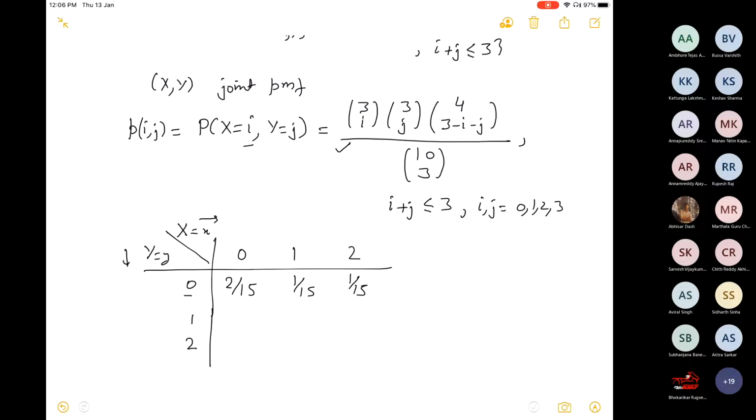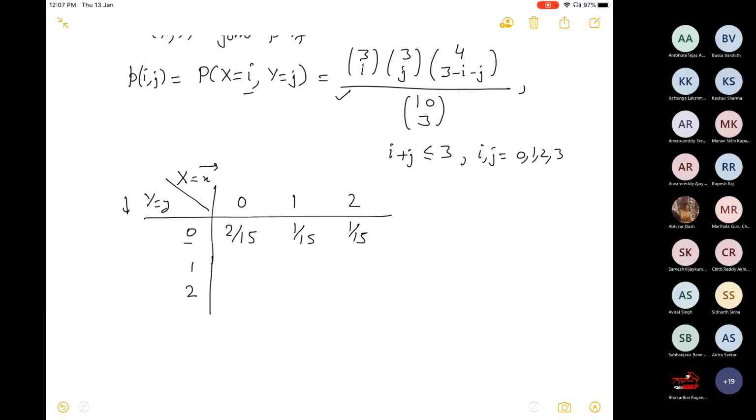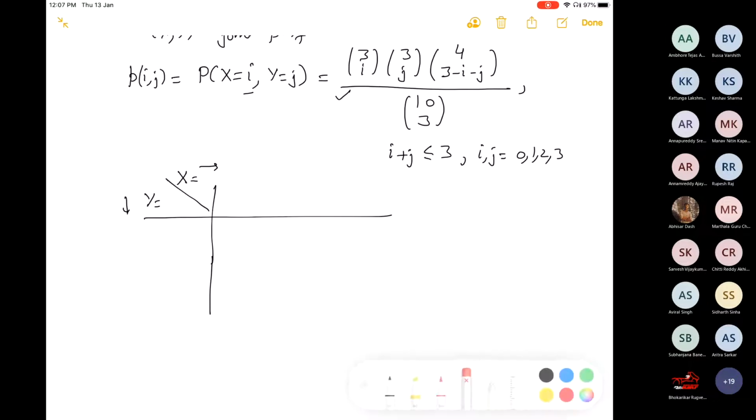Actually, let me take i and j only, that will be better, because i can take values 0, 1, 2, 3, and j can take values 0, 1, 2, 3.